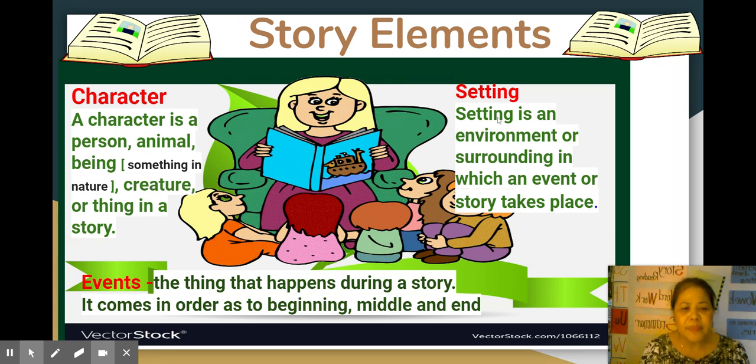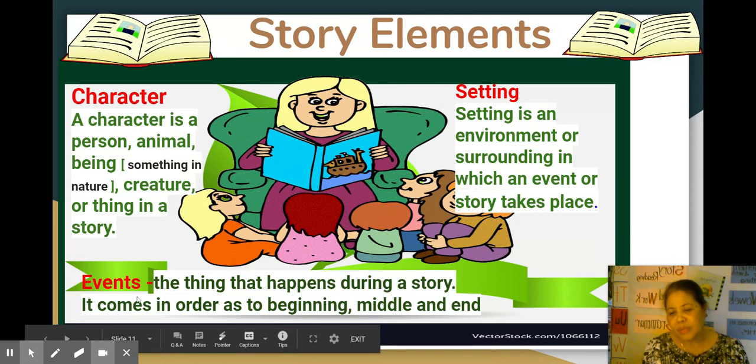While setting is an environment or surrounding in which an event or story takes place. That means that is where the story is happening, the place where the story happens. And events are the things that happen during a story. They come in order as beginning, middle, and end. All three aspects need to be there so we can understand what the story is.